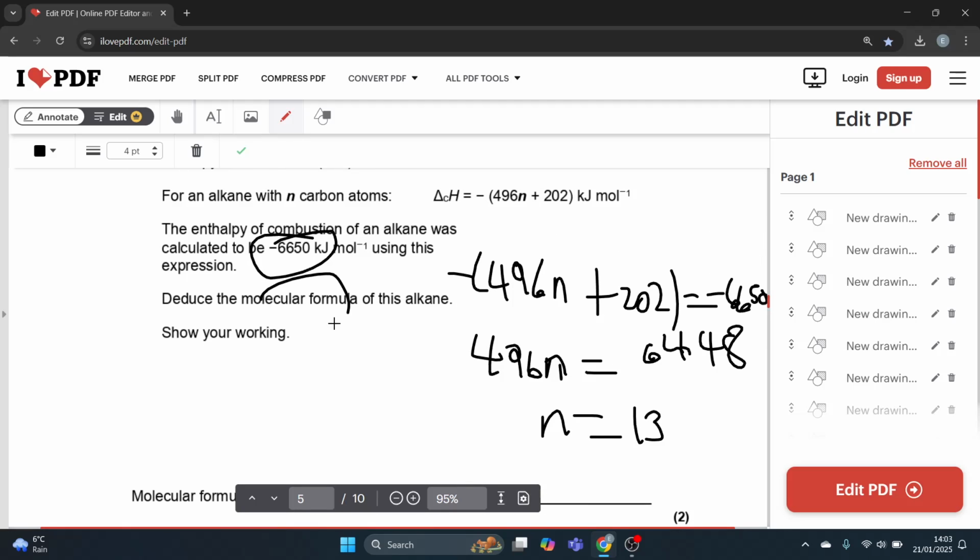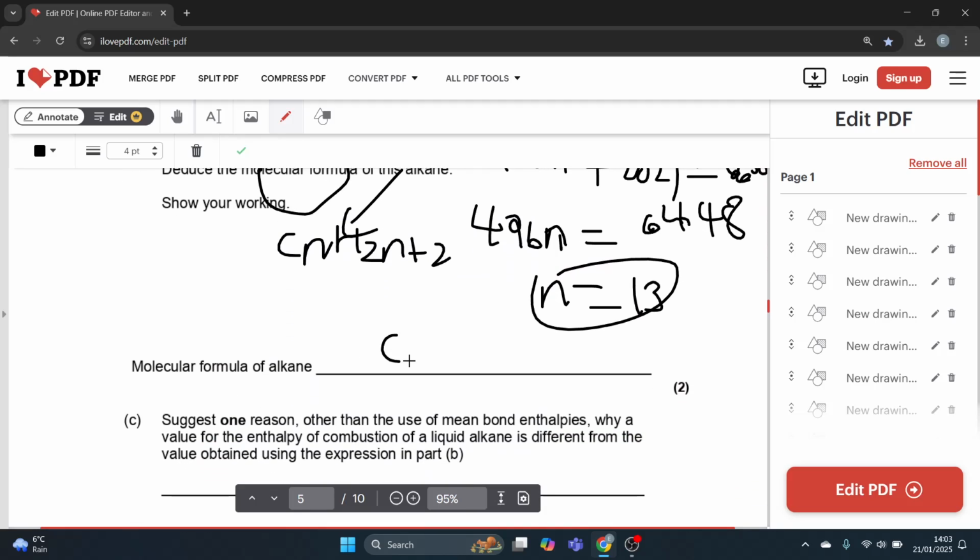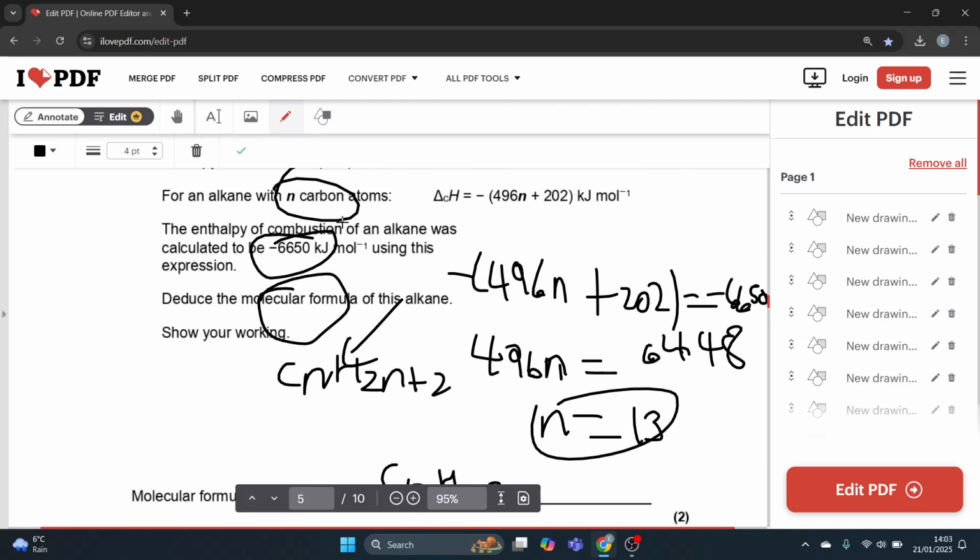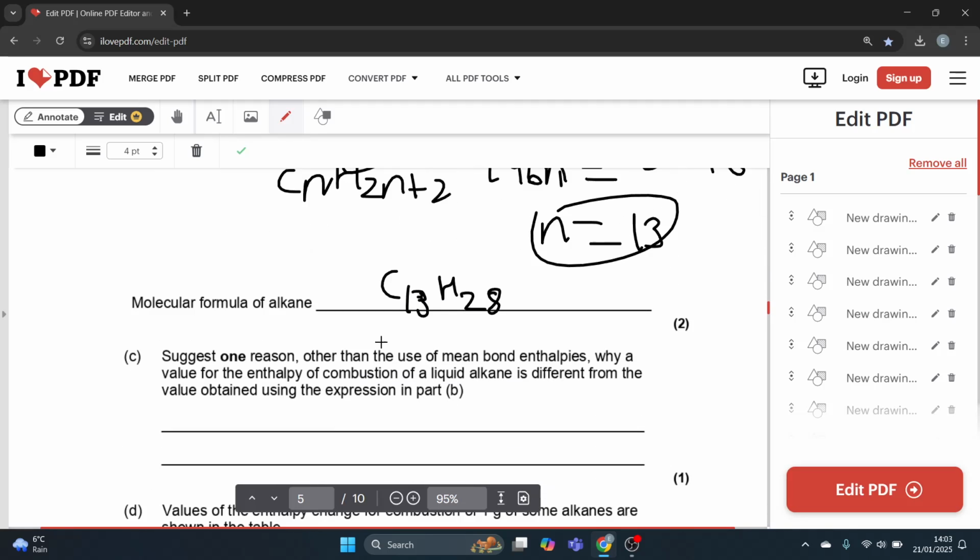However, it says deduce the molecular formula of the alkane. Well, it says alkane. I know it's CnH2n+2, and I know n is the number of carbon atoms, so it's got 13 carbon atoms. Therefore, it's going to be C13H28. Perfect. Bit of a weirdly asked question.